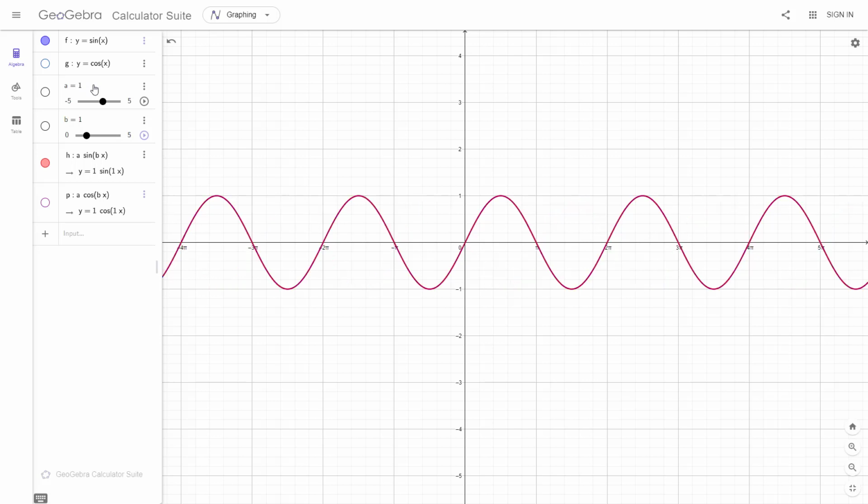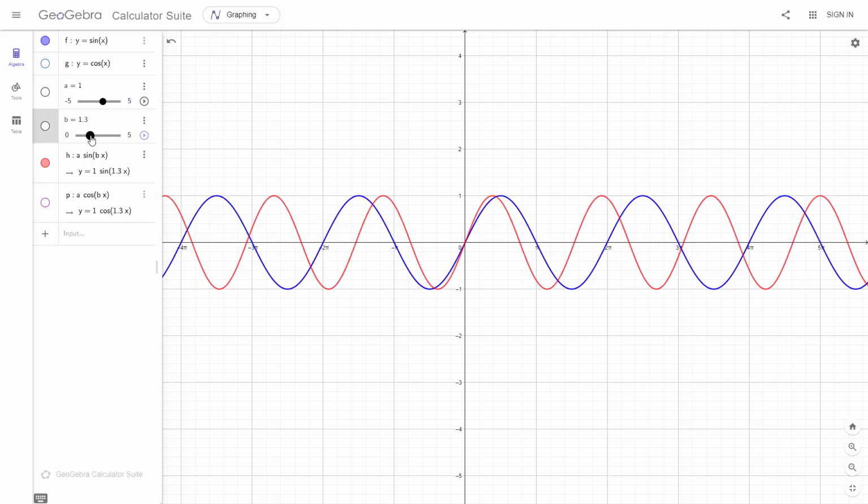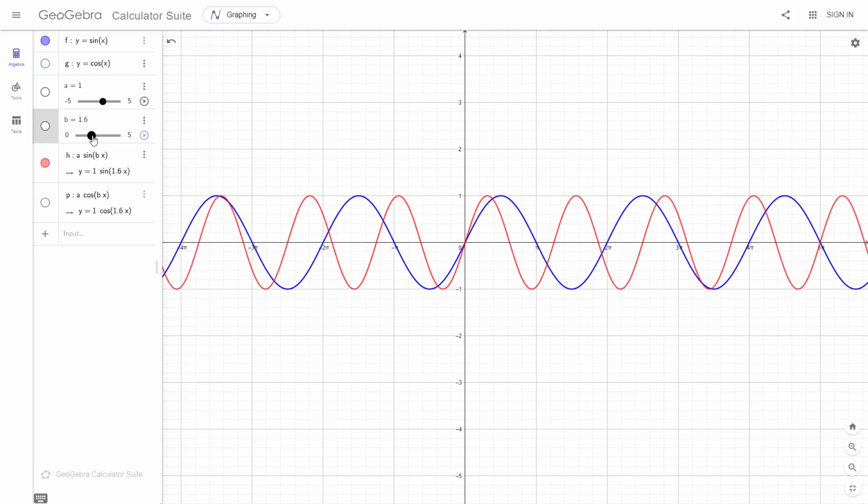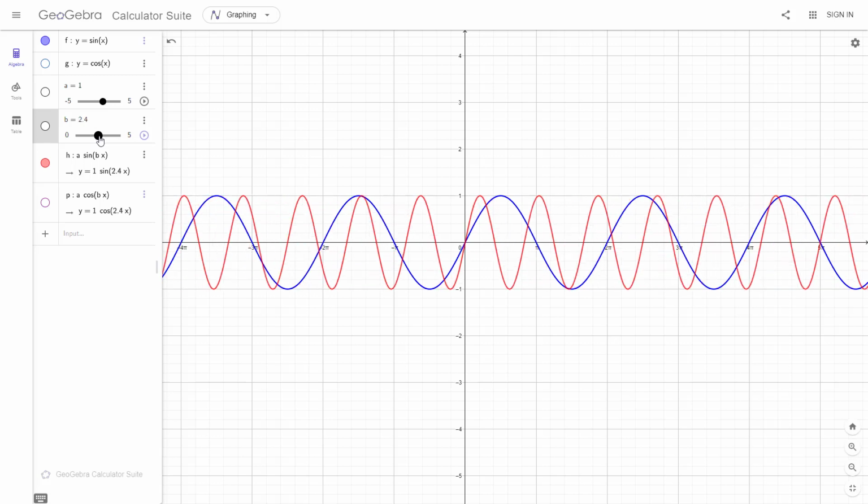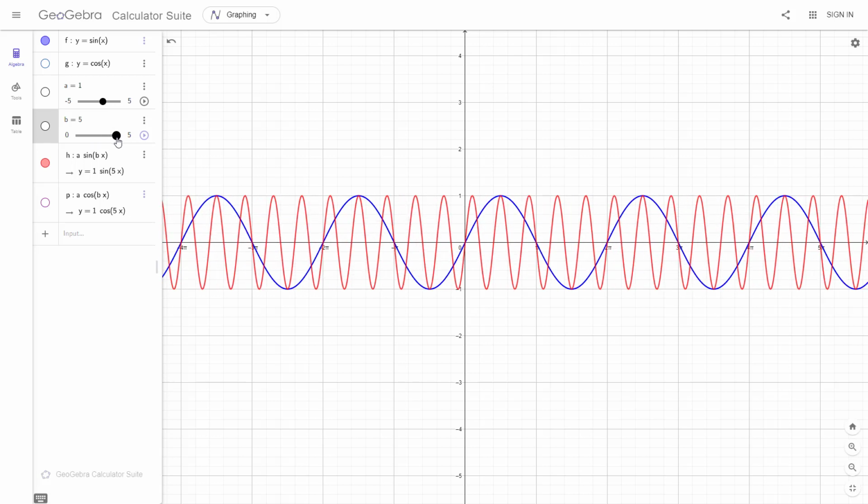And now I'm going to mess with b. Here we have b equal to 1, but look what happens when I increase b. Then you actually see the sine wave is shrinking and getting tighter and tighter.